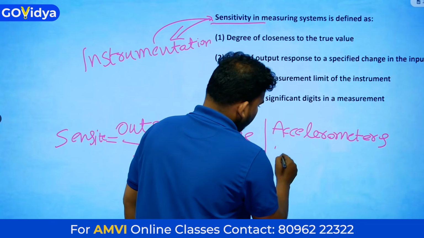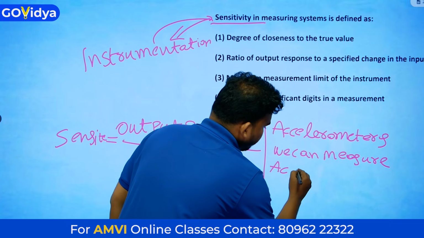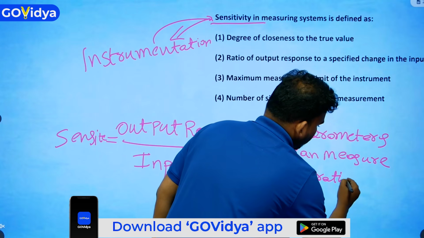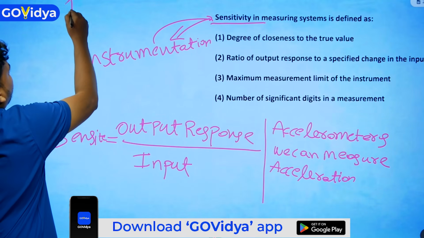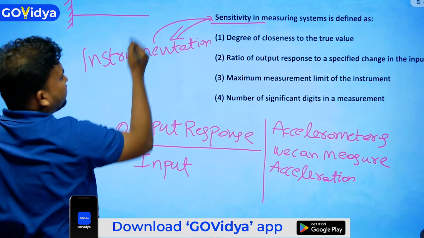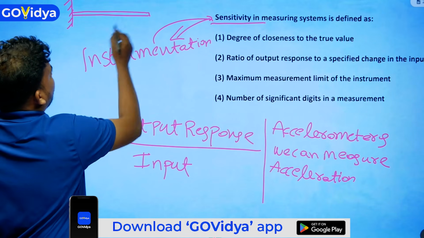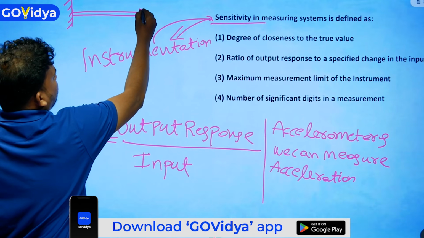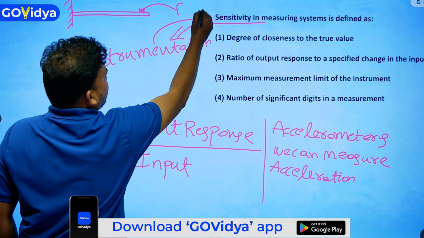If I take the example of a cantilever beam and want to measure its frequency, I will place one accelerometer on it and connect it to a data acquisition system.